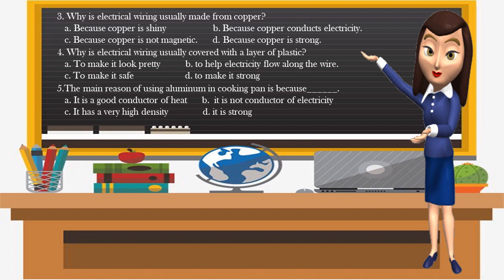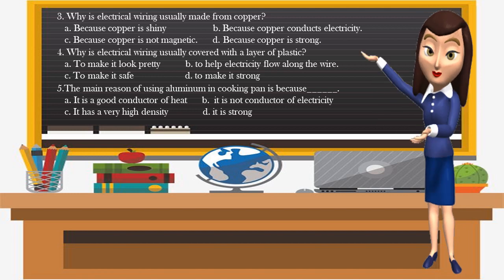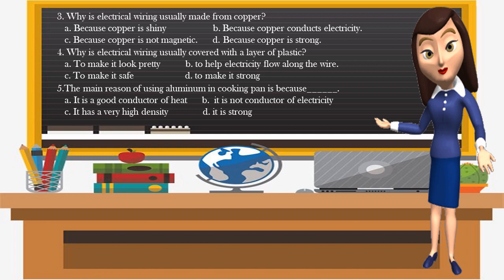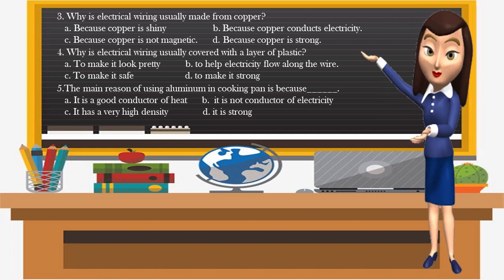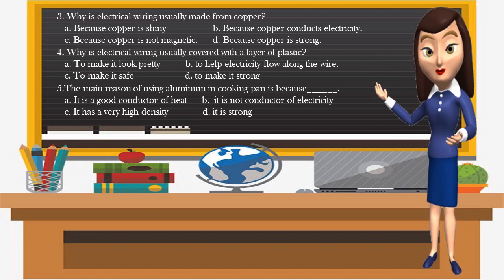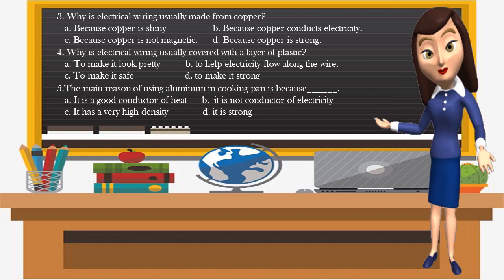4. Why is electrical wiring usually covered with a layer of plastic? A. To make it look pretty. B. To help electricity flow along the wire. C. To make it safe. D. To make it strong. 5.